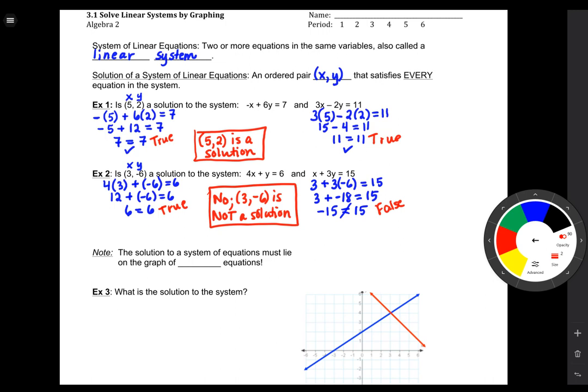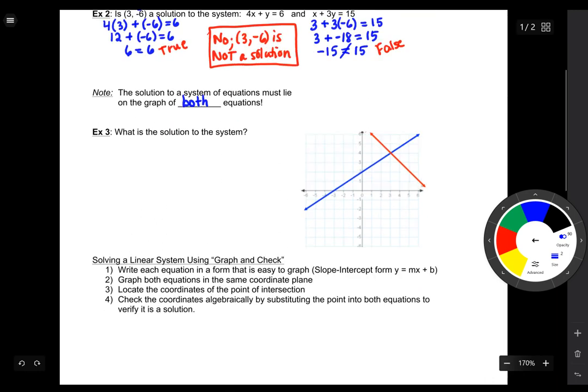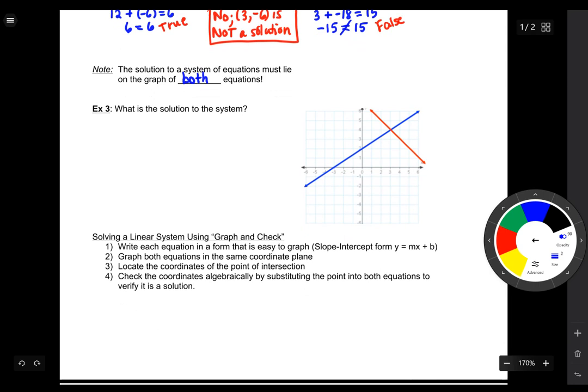All right. The solution to a system of equations must lie on the graph of both equations. And in today's lesson, we're going to learn how to find a solution via graphing. So let's look at example 3. Example 3, where the two lines intersect, is what is going to be the solution.